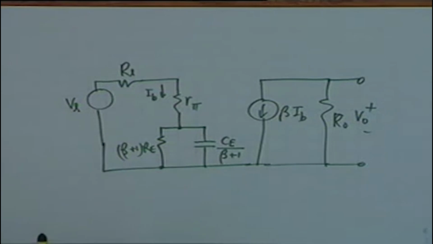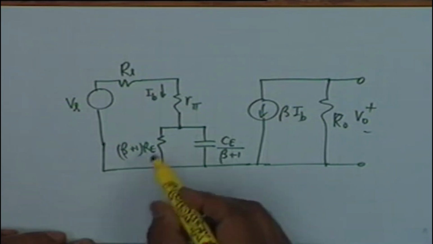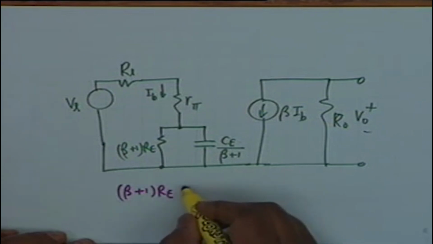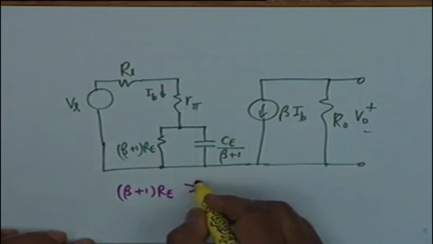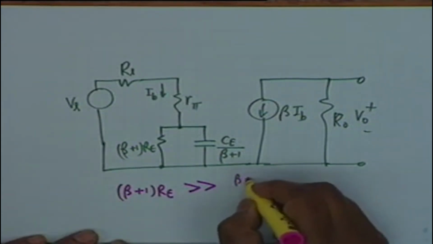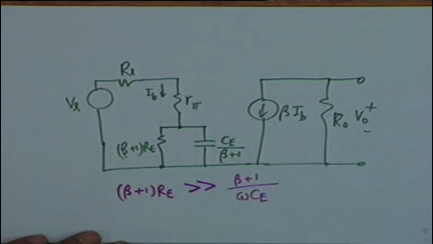It turns out that in practice the impedance of this, that is beta plus 1 Re, is usually much greater than the impedance of the capacitor, that is beta plus 1 divided by omega CE. Is the point clear?